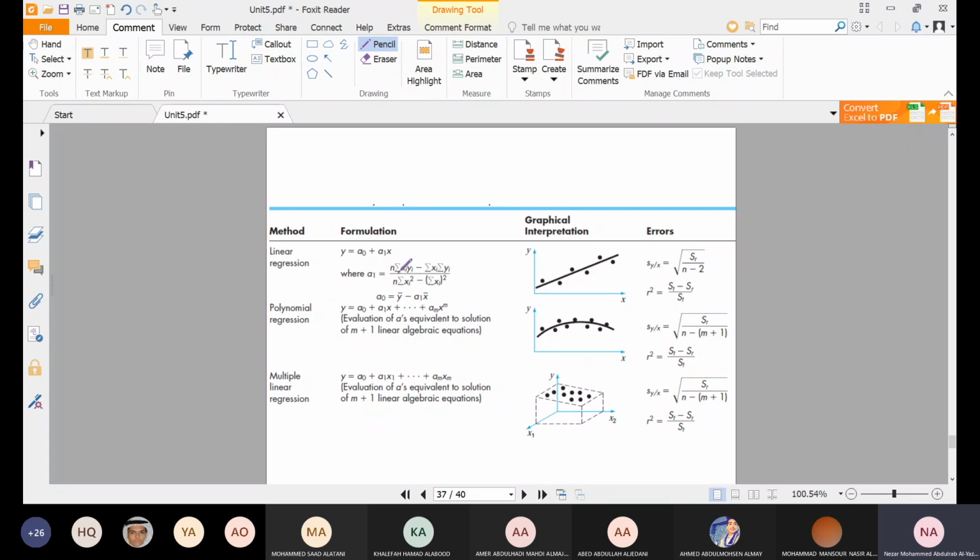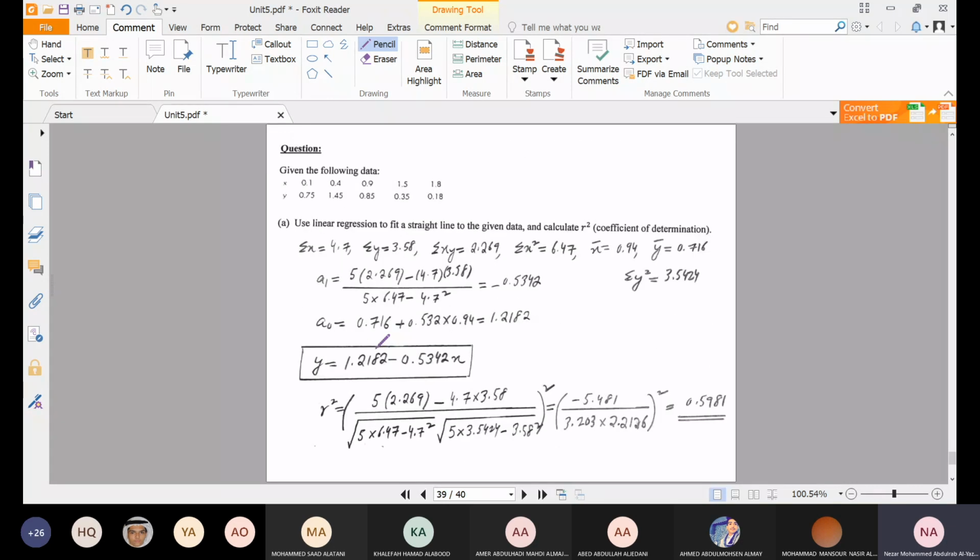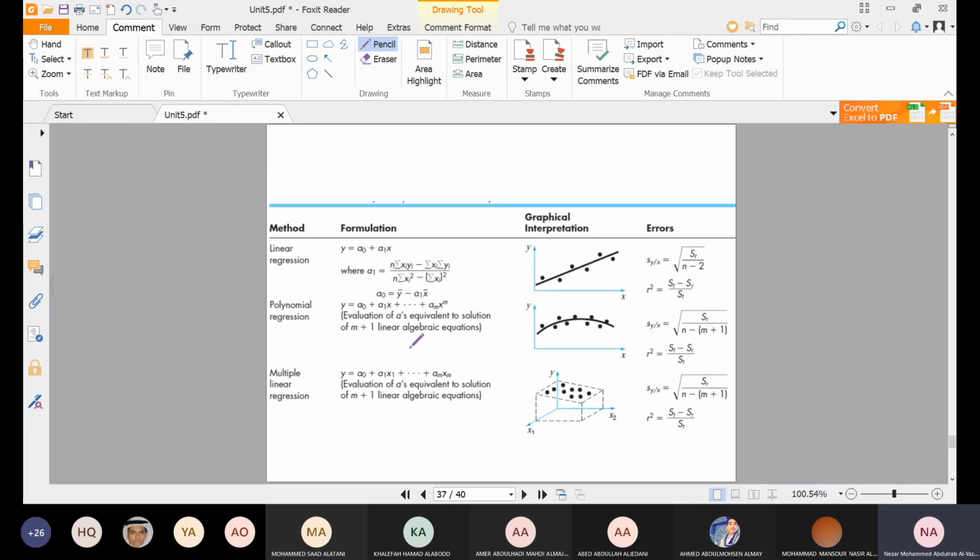Okay, so here, guys, let's summarize what we have in the slides. We have 2 examples here. You can solve them or go through them at home. Here is the method that we studied, the linear regression, this is the model of the linear, and this is the form that we use to compute the coefficients.